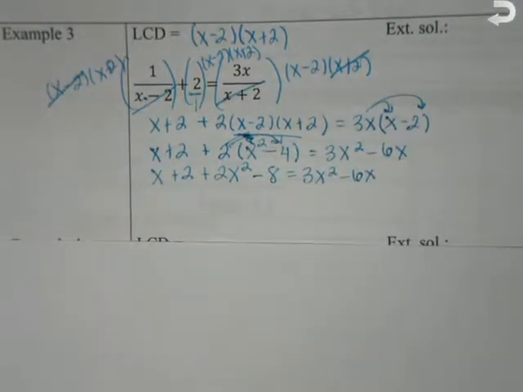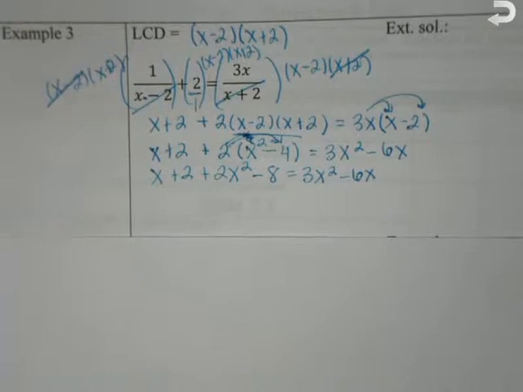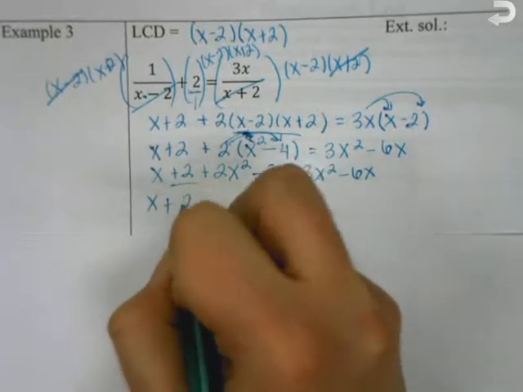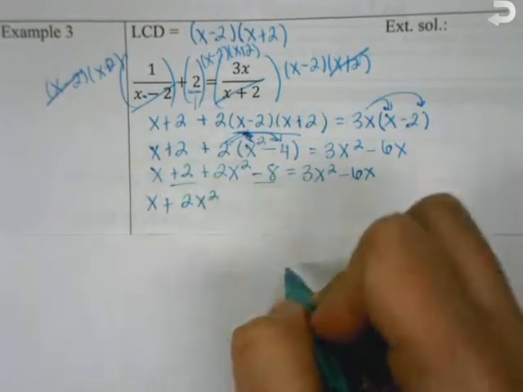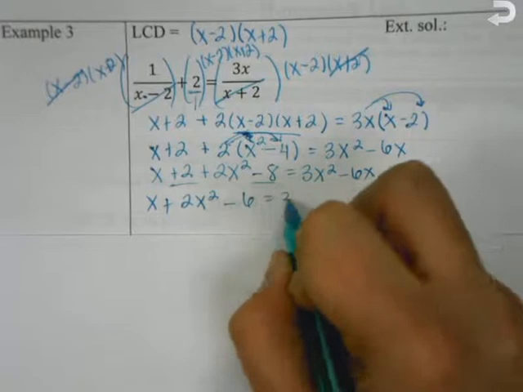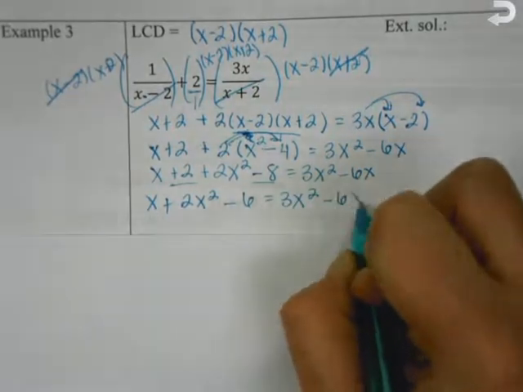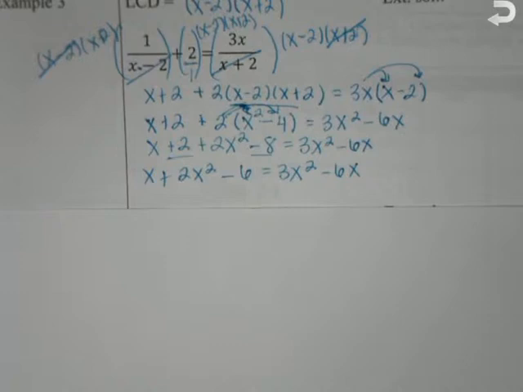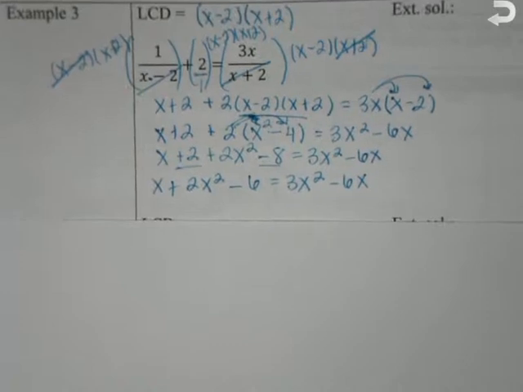And we want to get everything, let's combine like terms before I keep going. So that's x plus 2x squared minus 6 equals 3x squared minus 6x. We want to keep our squared terms positive. So I'm going to suggest that we move all of this stuff to the other side, okay?